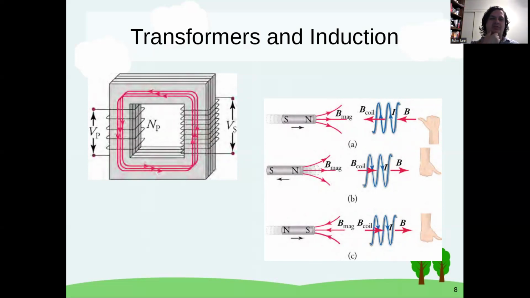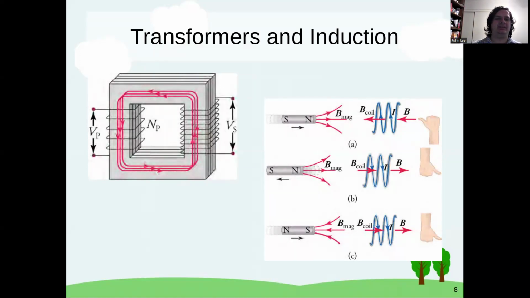It's also useful for changing the voltage through a step down or step up transformer.